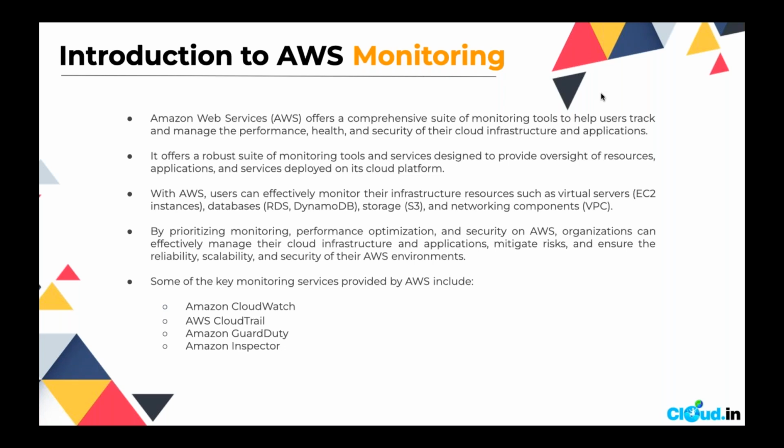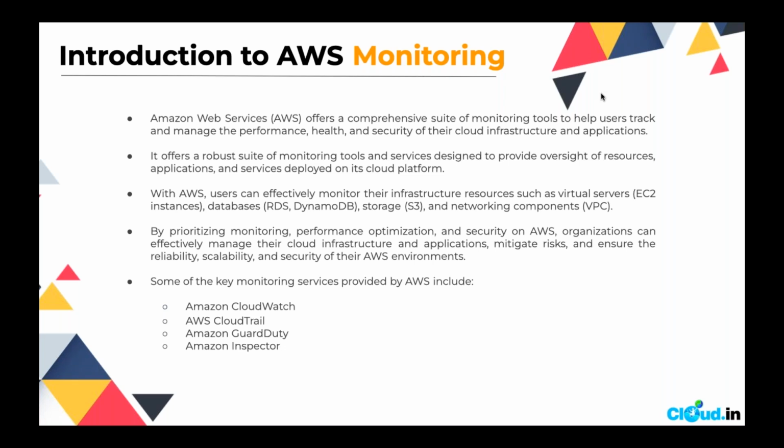It helps in identifying the vulnerabilities and issues in your AWS infrastructure, and also predicts the performance and optimizes configurations. This practice also tracks and manages the performance, health, and security of your cloud infrastructure and applications.